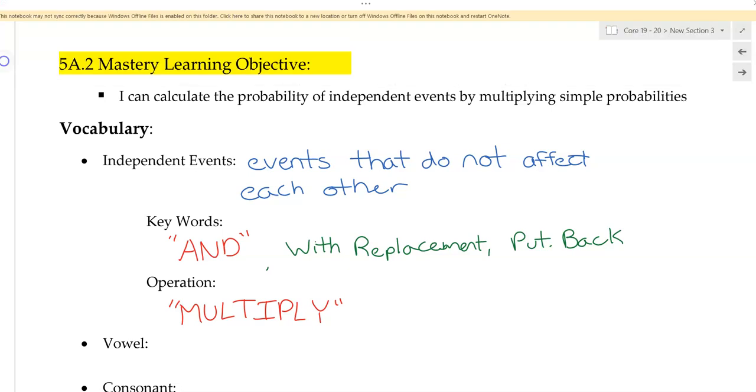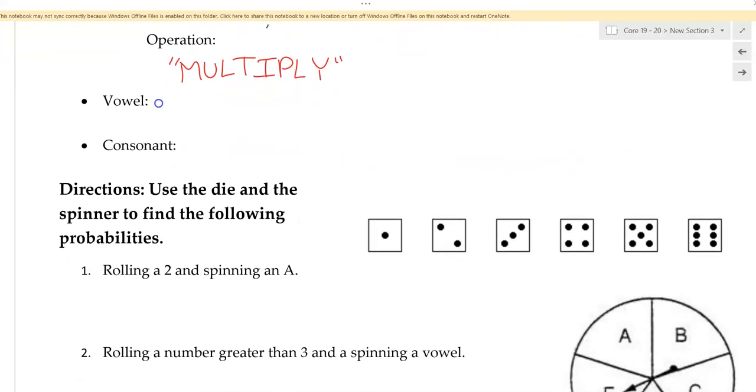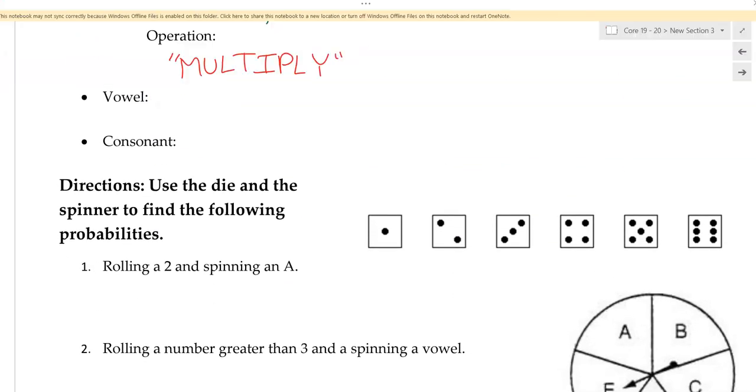The last thing I want to make sure we know is what a vowel is and a consonant is, because these will pop up in questions. Remember, your vowels are A, E, I, O, U. We are not going to consider Y a vowel. Sometimes Y is a vowel in the English language, but we're going to say it's not.